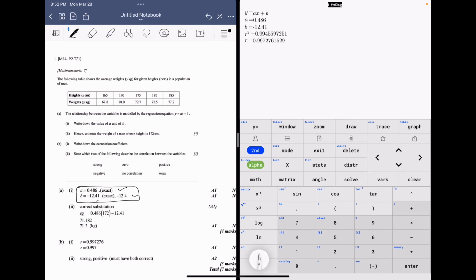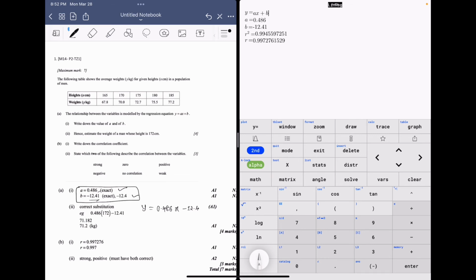Second, hence estimate the weight of a man whose height is 172. Height means x. So we need to rewrite that equation. Y is equal to a, which is 0.486, times x plus b. B is negative 12.4. For writing purposes use 12.4, but for calculation purposes I recommend not to use a rounded off value. Use the value which you already have in the calculator.